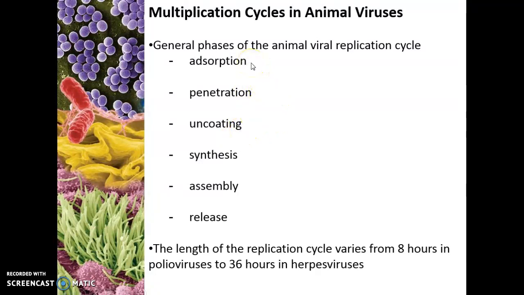So after the virion locks onto the host cell, it's going to penetrate the cell and enter the cell, and then it uncoats, and then it goes through the process of synthesizing new virions, assembling them, and then releasing them. The length of the replication cycle varies from 8 hours in, say, poliovirus to 36 hours in some herpes viruses.